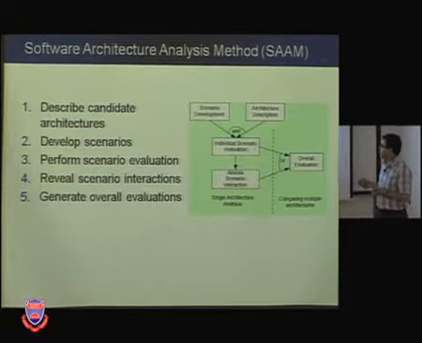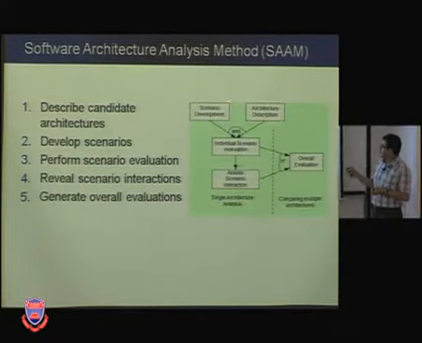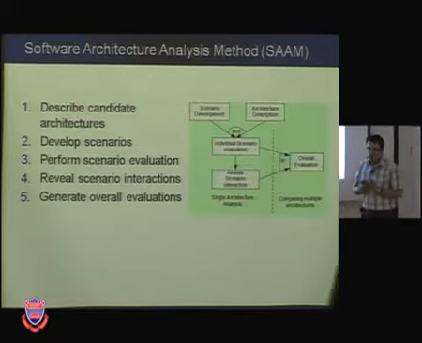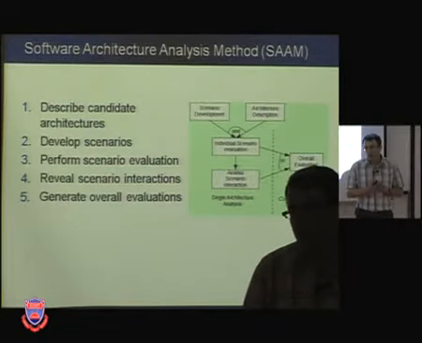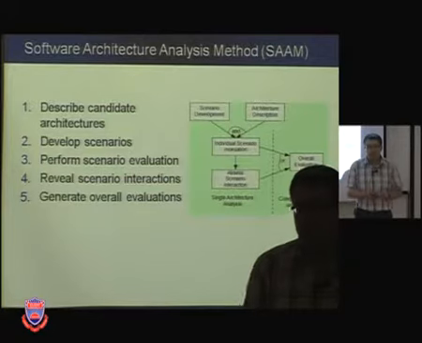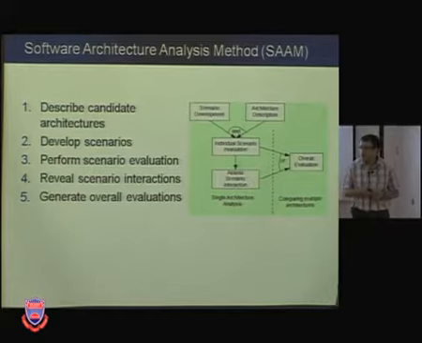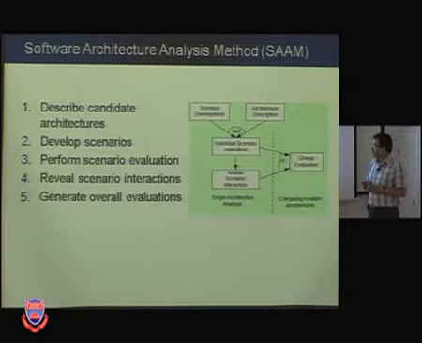Second, you develop scenarios. How do we develop scenarios? As we said, we can hold a workshop, invite the stakeholders, let them describe scenarios, do brainstorming, reuse scenarios. So we collect all these scenarios based on the stakeholders' concerns.